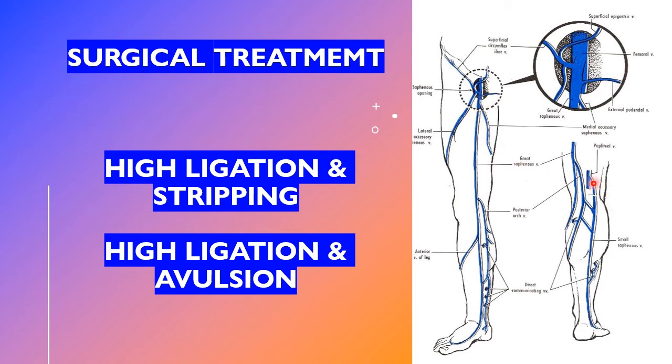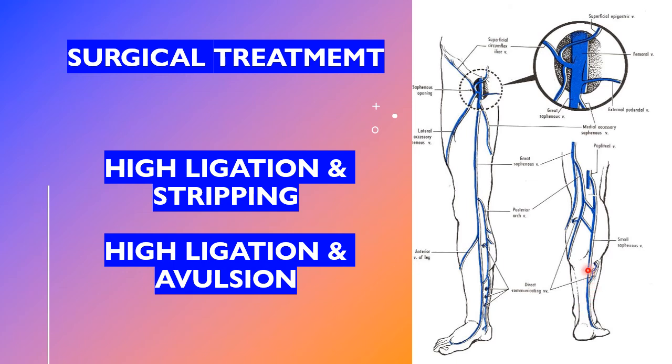It can be similarly done to the short saphenous vein as well, introducing the stripper from the popliteal vein right down into the lateral part of the foot and stripping off the vein itself, depending on which system is predominantly the cause of the varicose veins. So this is known as high ligation of the saphenous vein and stripping of the long saphenous vein together with the short saphenous vein.